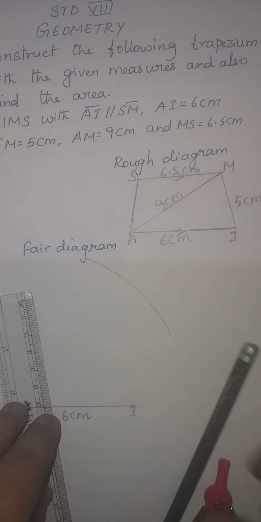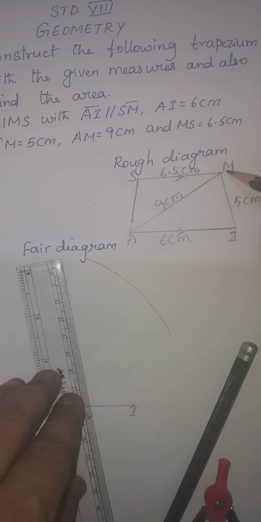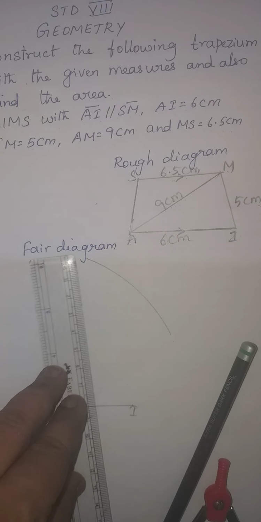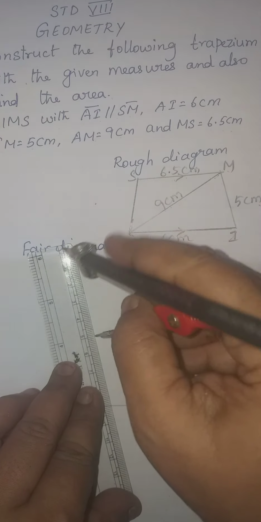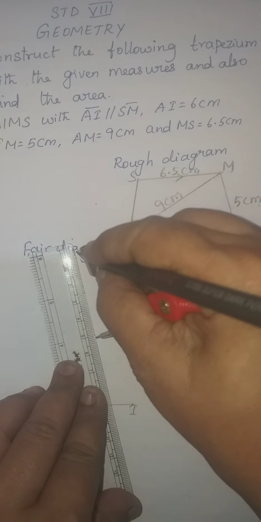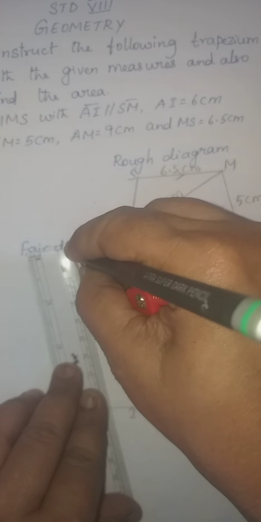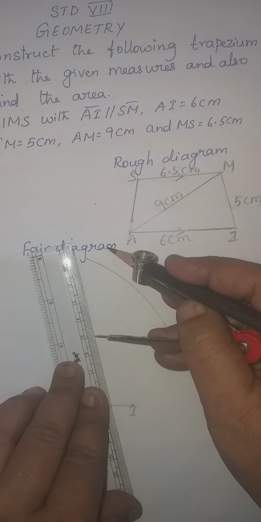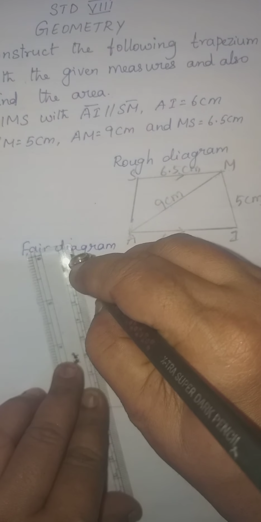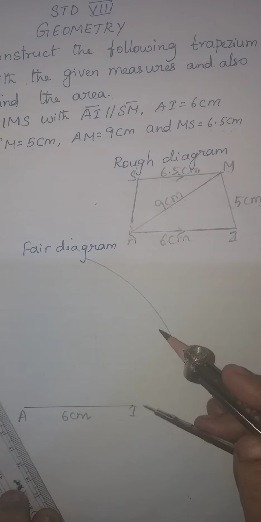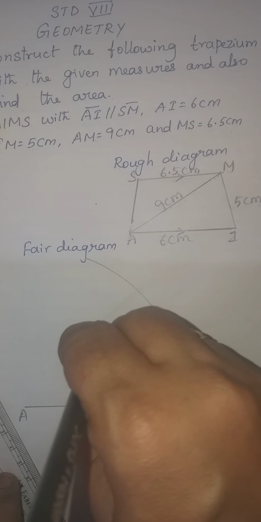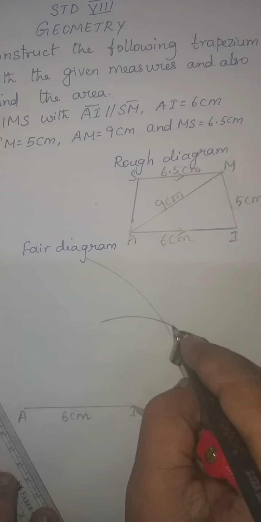Now you can see here IM is given 5 centimeters. So now let us measure 5 centimeters using the ruler and compass. It is 5 centimeters. Now with I as center, radius 5 centimeters, cut the previous arc.